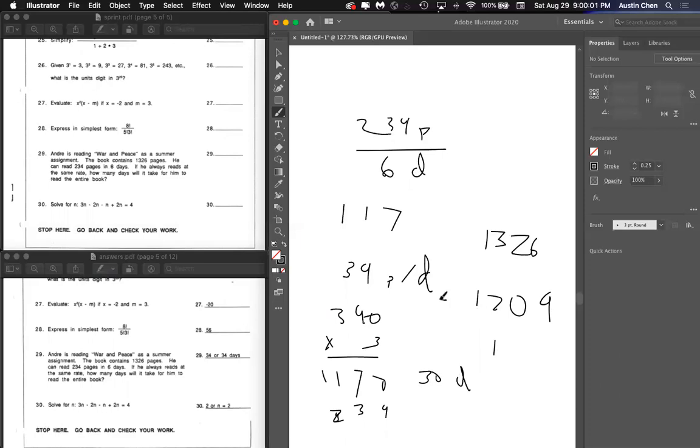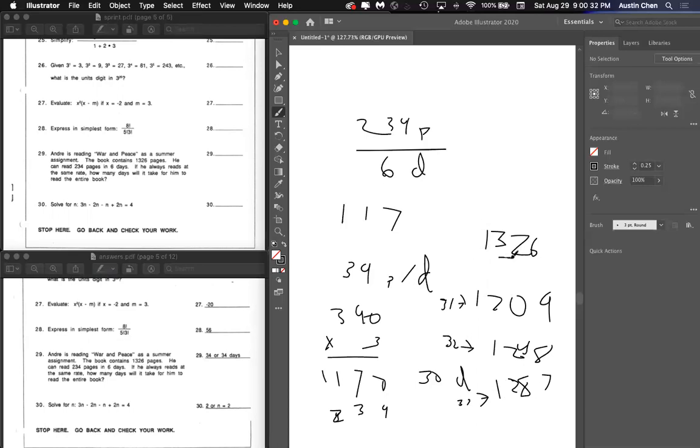This one is 31. If we add another 39, we will get 1248. This one is 32. If we add another 39, that will be 1287. And that is 33. This is actually very slow.